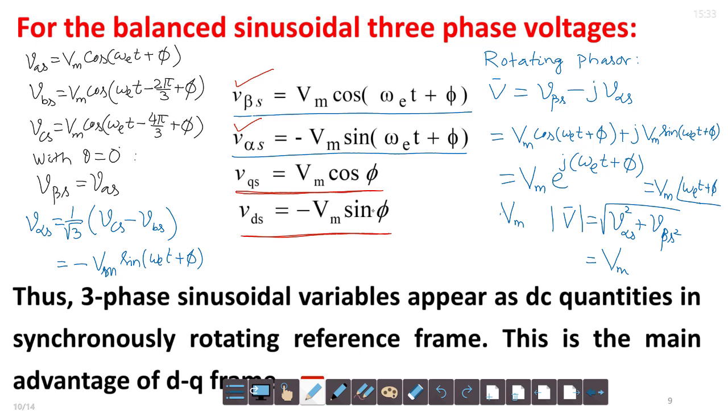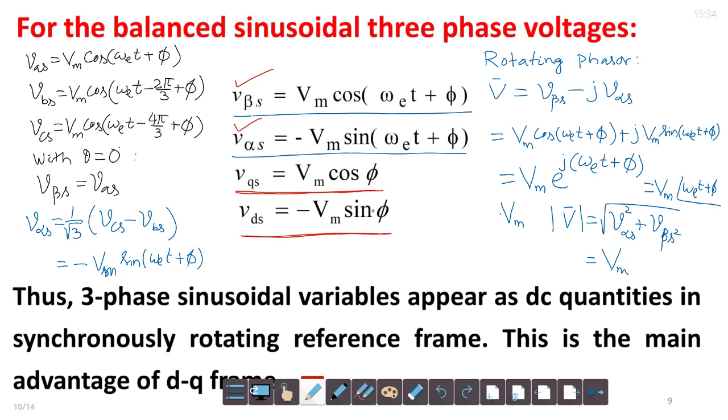So, Vqs, that is Vm cos phi, is constant, and Vds, that is minus Vm sin phi, is also constant. So, the 2 components are DC voltages. So, 3 phase voltages in the synchronous rotating reference frame are converted to DC quantities. That is the advantage of the synchronous rotating reference frame: the 3 phase sinusoidal variables appear as DC quantities.